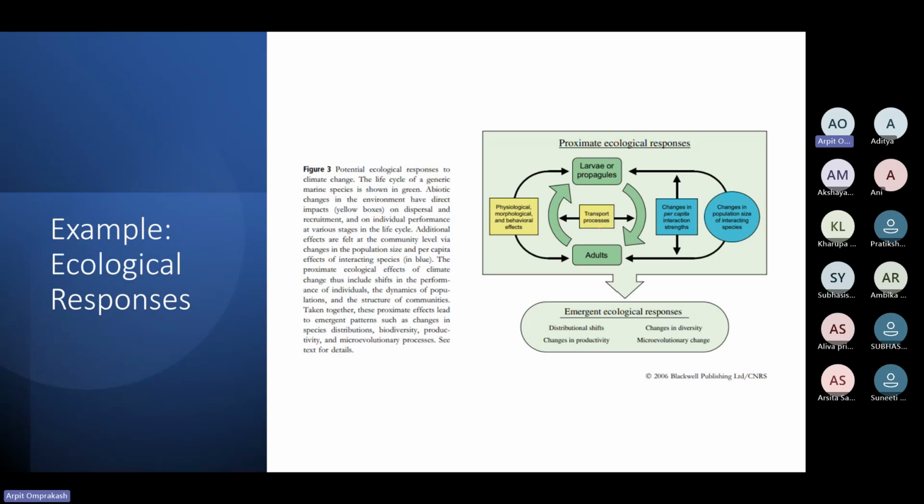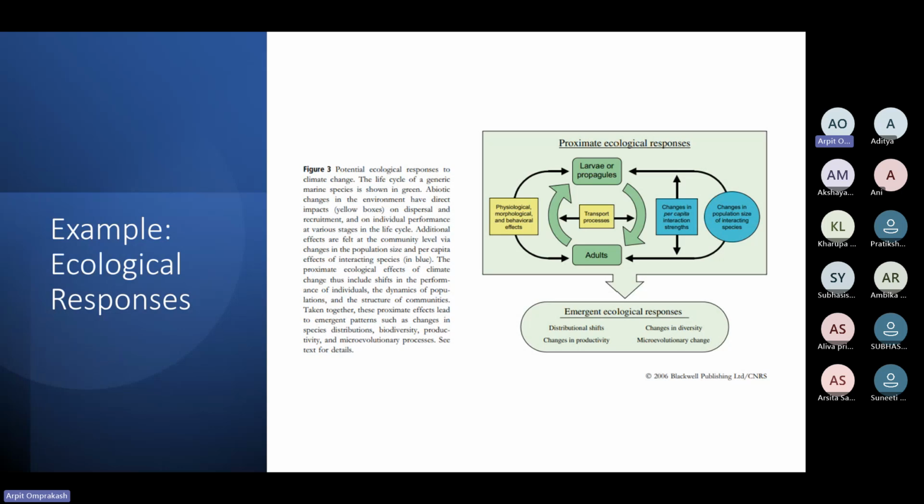Right. Now, these proximate ecological responses, which are very direct, close-by responses to these warming effects, lead to emergent ecological responses. Once these changes in population size and interaction strength occur, then we see a lot of distributional shift.